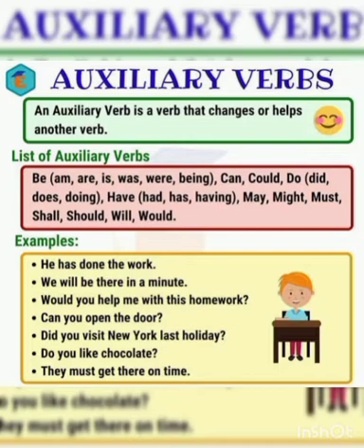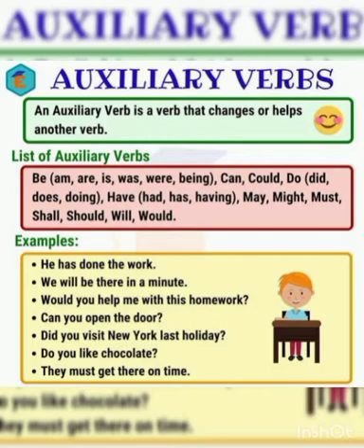Would. This is asking permission. Can you open the door? Can. Again permission. Did you visit New York last holiday? Did. Do you like chocolate? Do. They must get there on time. Here it is must. So these all are auxiliary verbs.